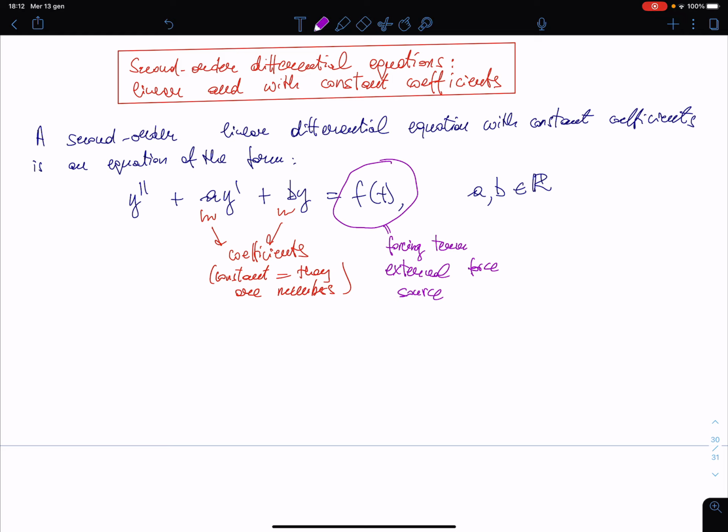Let me give you another definition here. If f of t is equal to 0, so there is no source, the equation 1 is called homogeneous.